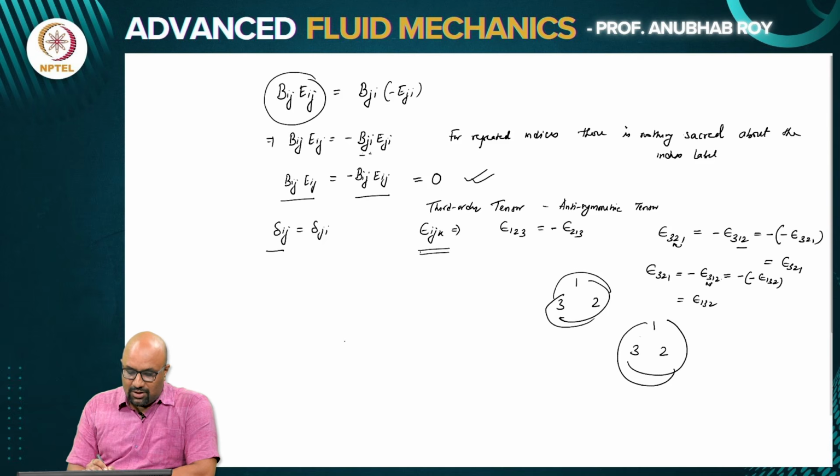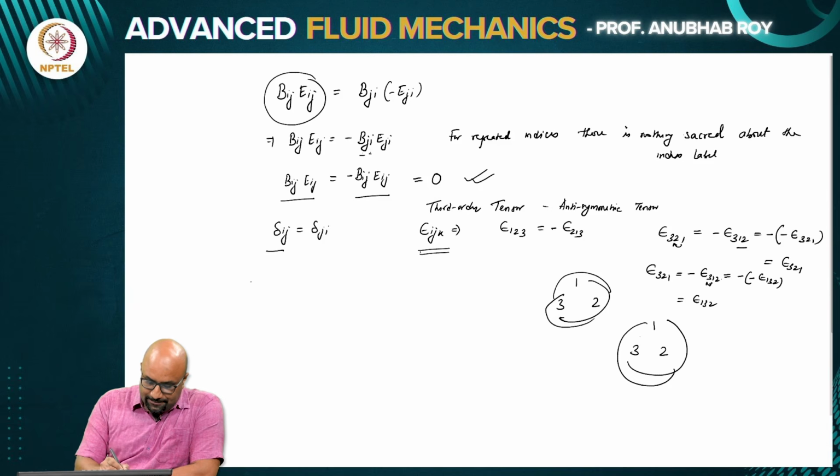The next property which we will be using for tensors is the property of isotropy.